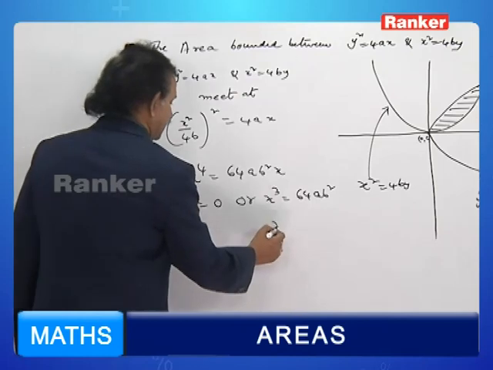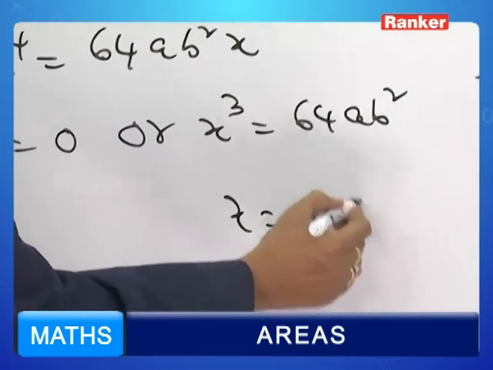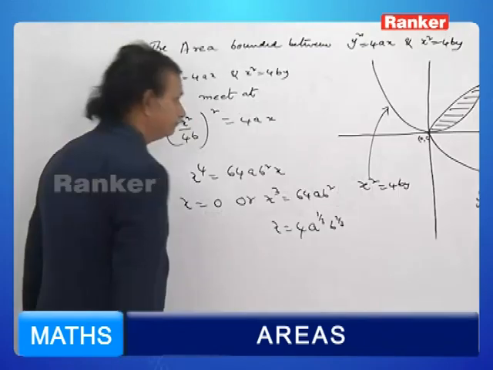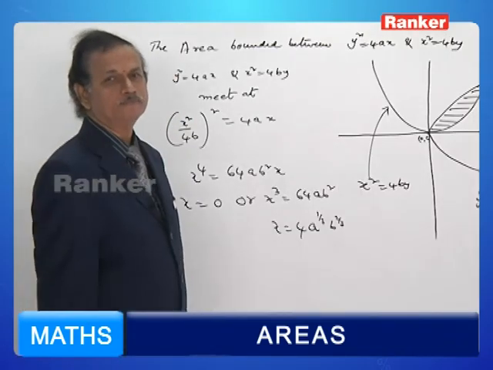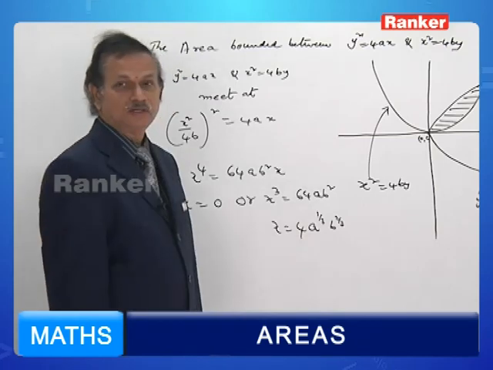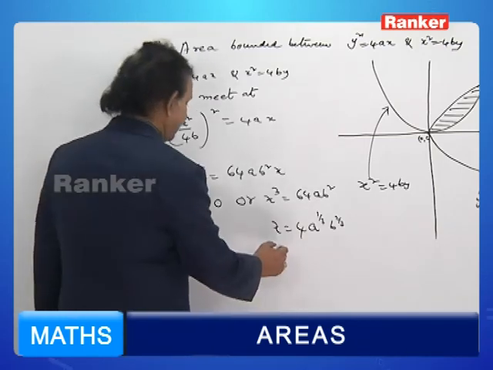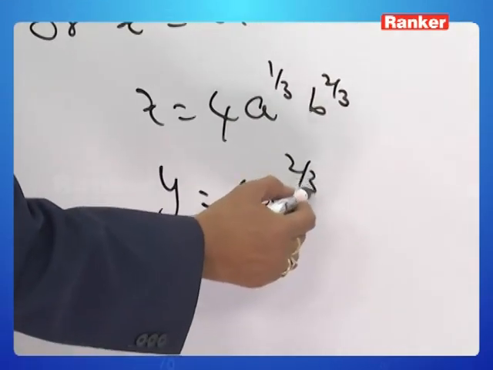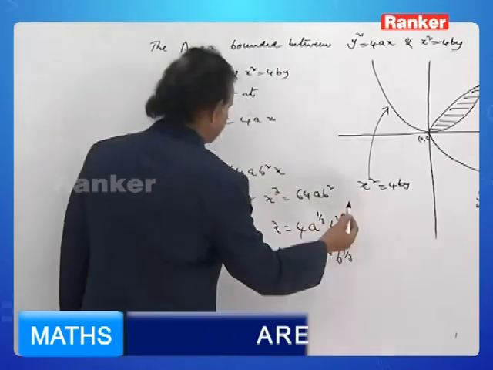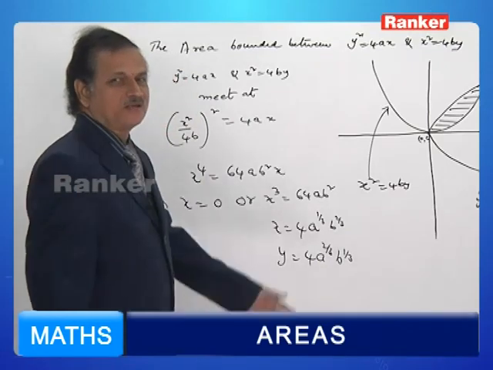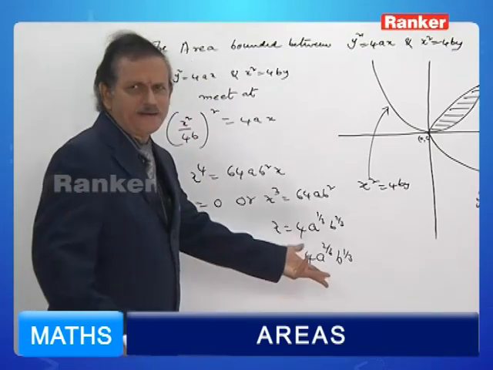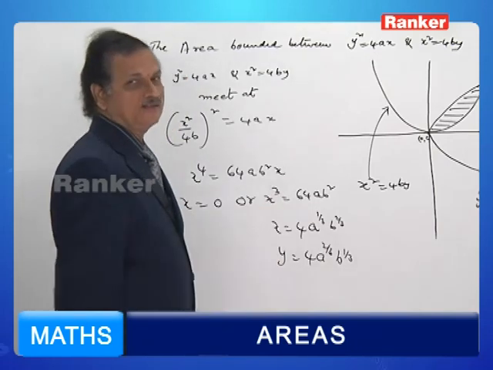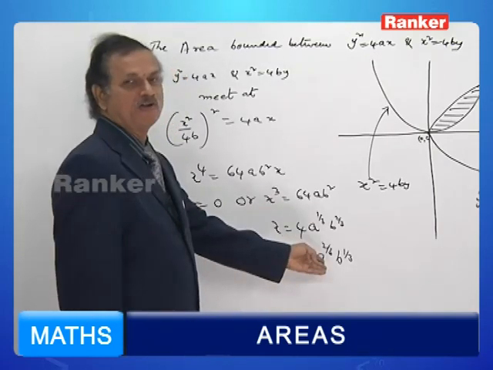That is, x is equal to 4 into a power 1 by 3 into b power 2 by 3. Similarly, if you proceed, y is equal to 4 into a power 2 by 3 b power 1 by 3. By symmetry, you can easily imagine. Rather, you can find if you want. But actually speaking, to find the area, we need not have this y.